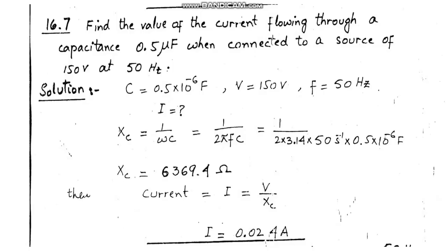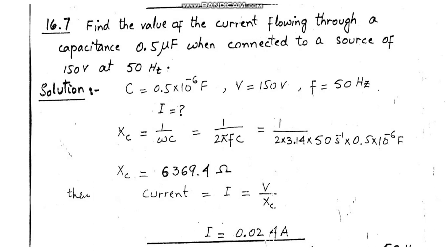Number 7. Find the value of current flowing through a capacitance 0.5 microfarad when connected to a source of 150 volt at 50 Hz frequency. We require the value of current. Solution: capacitance C is equal to 0.5 multiplied 10 to the power negative 6 farad.